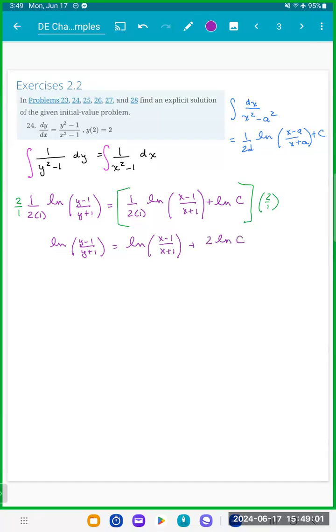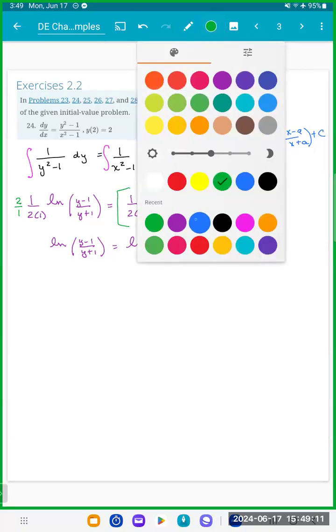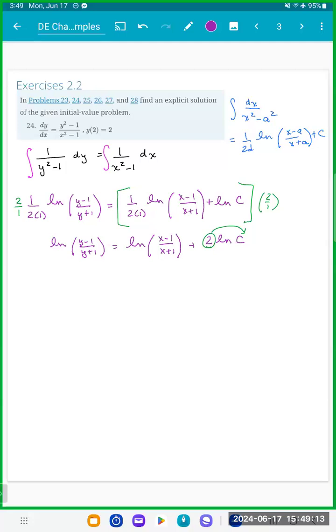Okay. When we're doing this, we can actually take this and put it up into the exponent form. Remember, back to thinking about just when we deal with logarithms in general. So this would then simplify to ln of (y minus 1)/(y plus 1) equal to ln of (x minus 1)/(x plus 1) plus ln of c squared.